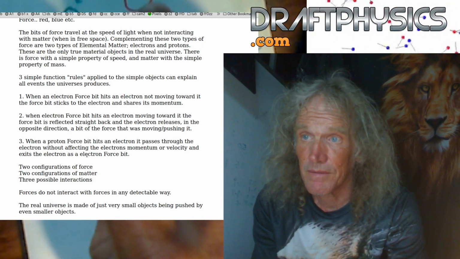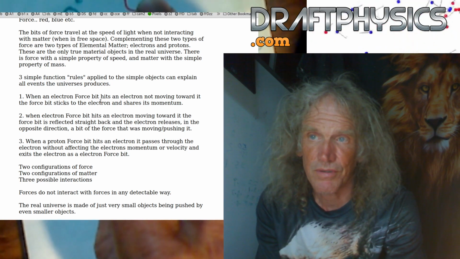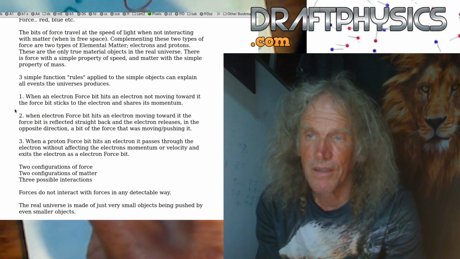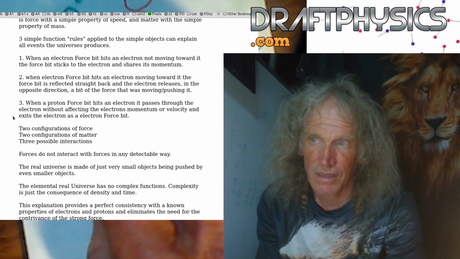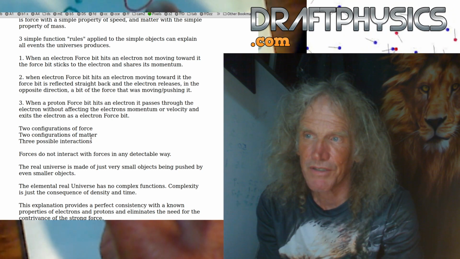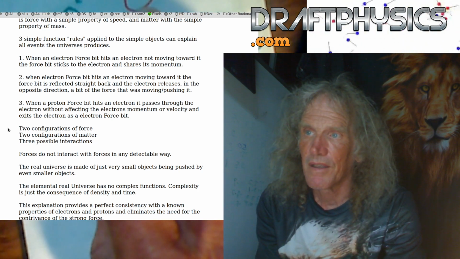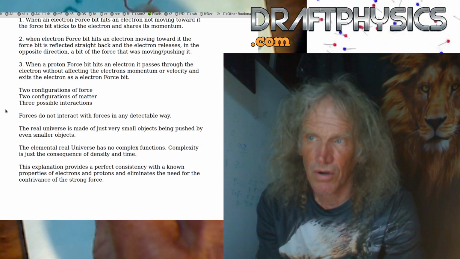Those three things create attraction and repulsion exactly as Maxwell described it in electrons and protons. It works perfectly. So two configurations of force, two configurations of matter, three possible interactions. That's all you need, and you've solved the puzzle of charge.